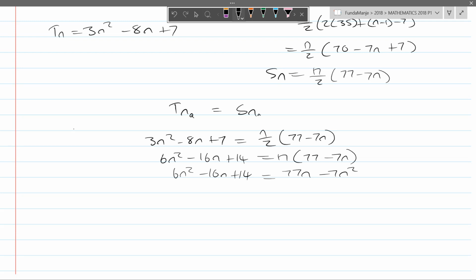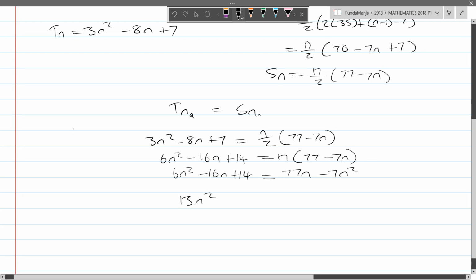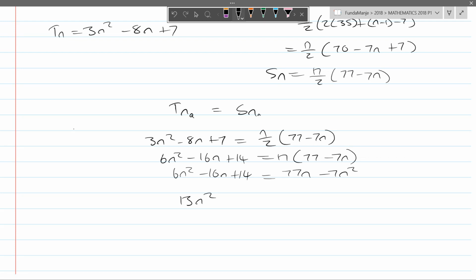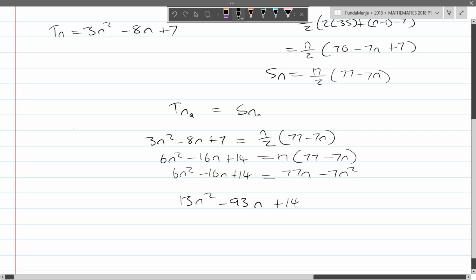And taking 77n minus 7n squared to the other side, we get 6n squared plus 7n squared. That gives us 13n squared. Then minus 16n minus 77n, that gives us minus 93n. And then this 14, there is no other constant, it will just stay plus 14 is equal to 0.